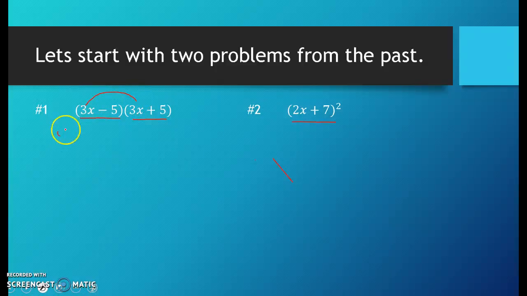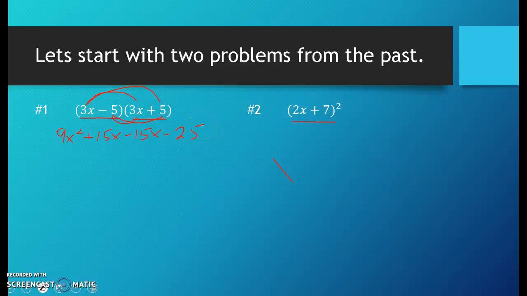3x times 3x is 9x squared. Then I'm going to take 3x times positive 5, which is 15x. Then I'm going to distribute the negative 5 out. Negative 5 times 3x is negative 15x. And then negative 5 times negative 5 is negative 25.